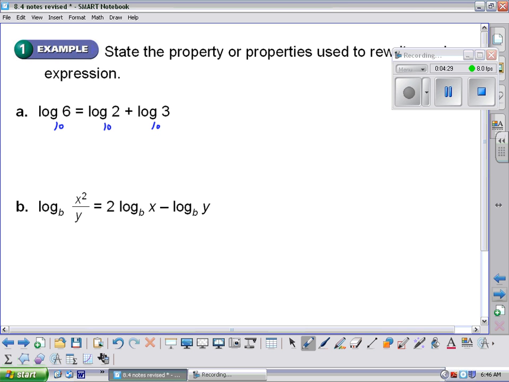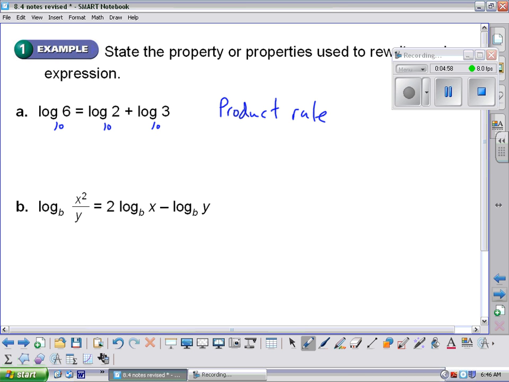I want you to always know that if there's nothing written there, base 10 is implied. Now 6 breaks up into 2 plus 3. Addition speaks to multiplication, so the way that this equation got put in this form was the product rule.